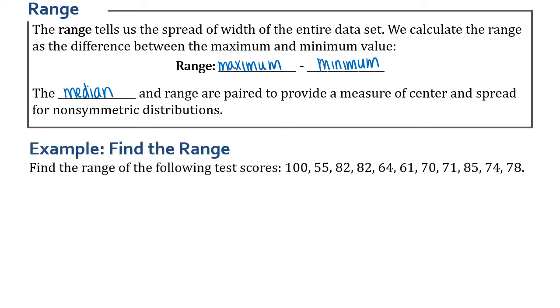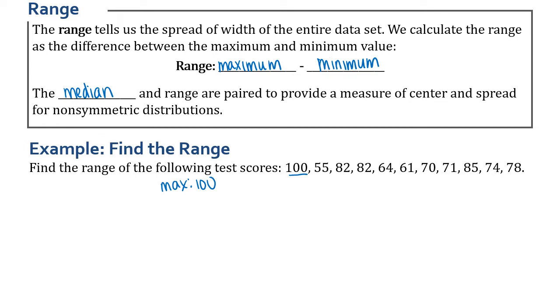Find the range of the following test scores: 100, 55, 82, 64, 61, 70, 71, 85, 74, and 78. We can see in this case our maximum value is 100. That's the largest value that these scores take on.